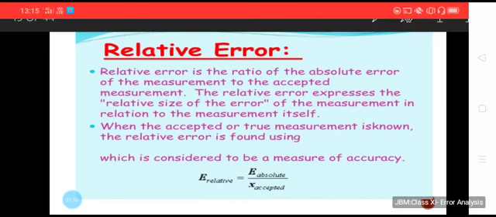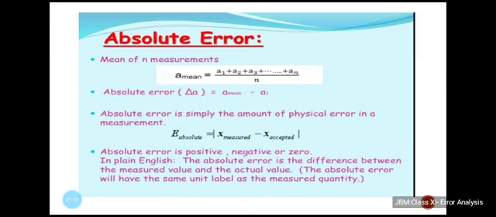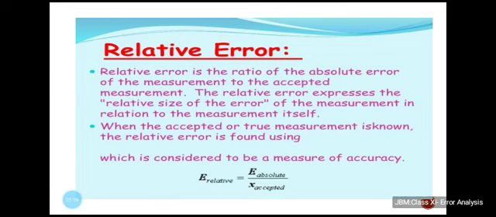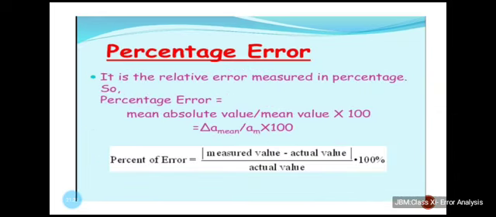So relative error is the ratio of the absolute error of the measurement to the accepted measurement. The relative error expresses the relative size of the error of the measurement in relation to the measurement itself. When the accepted or true measurement is known, the relative error is found by the formula, as I was telling you. Now, when the relative error is measured in percentage, then percentage error is mean absolute error divided by mean value, that is delta A mean divided by A into 100. So, in this manner, we can find the percentage error.